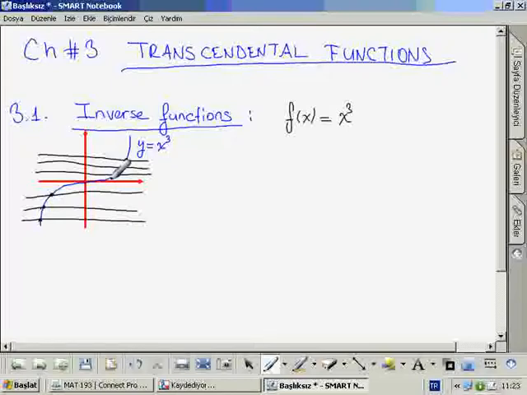Another mathematical definition will be different, okay. Or we can call it 1-to-1, okay.